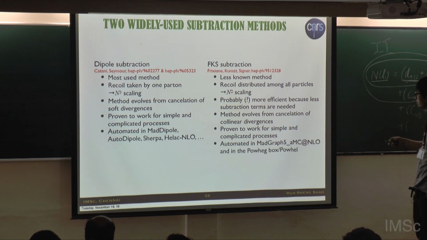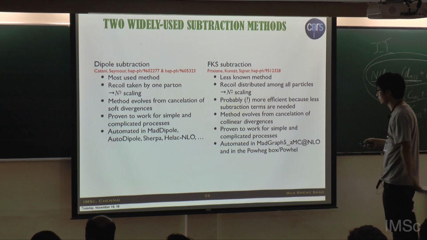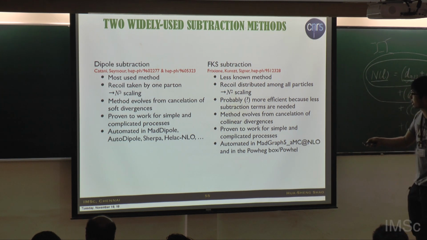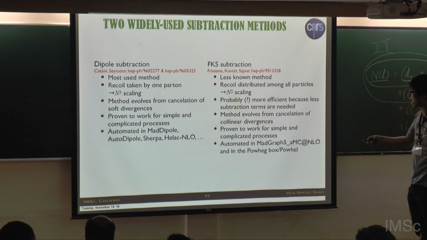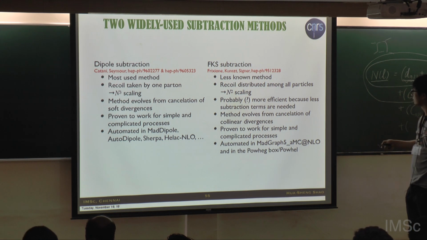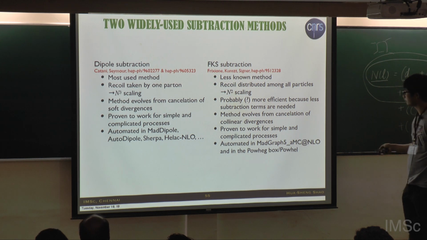Both are general, and have been proven for simple and complex processes. There are different packages on the market: dipole is implemented in MadDipole, AutoDipole, and Sherpa using Comix, and FKS subtraction using MadGraph, and also in POWHEG-BOX, POWHEL.